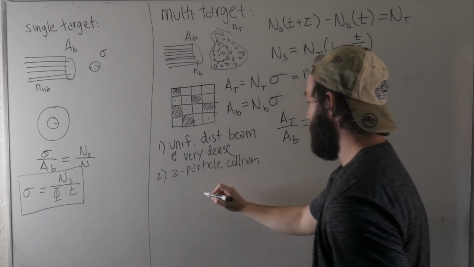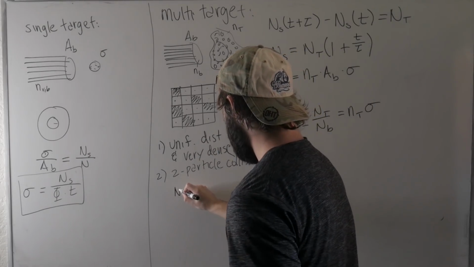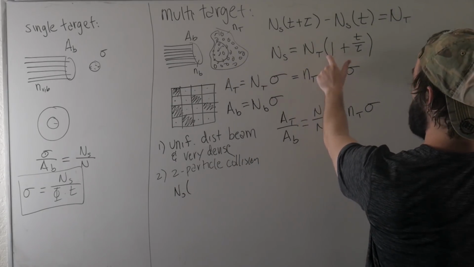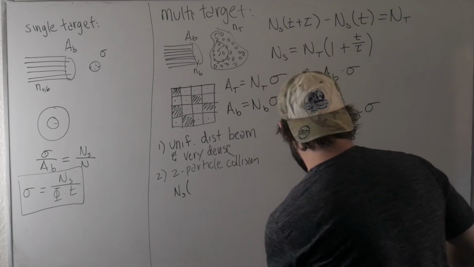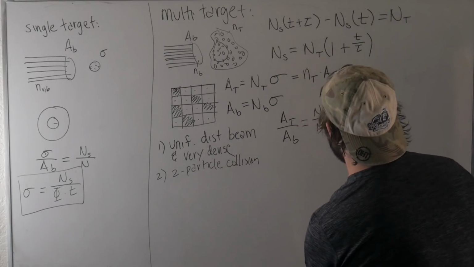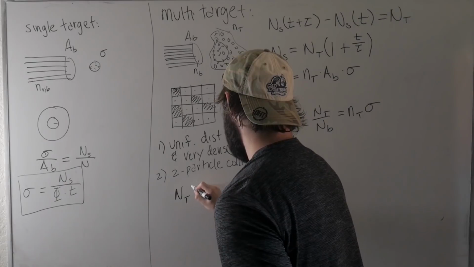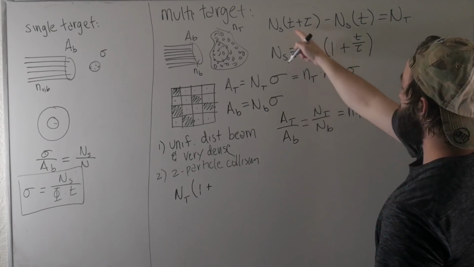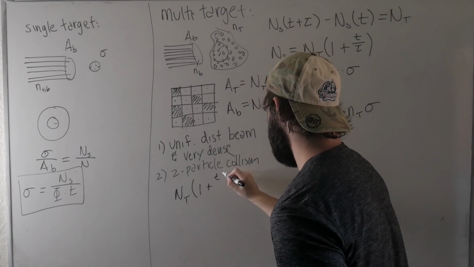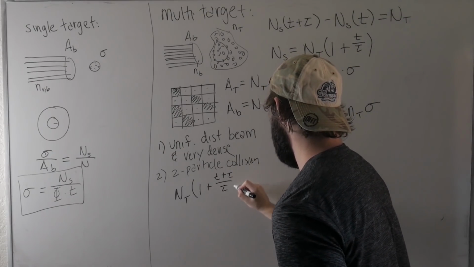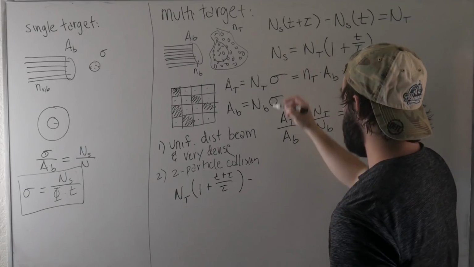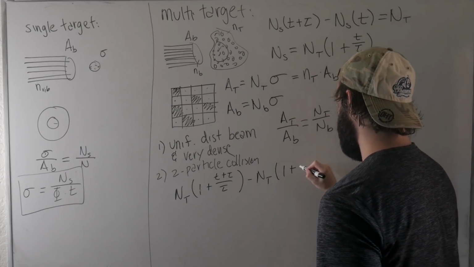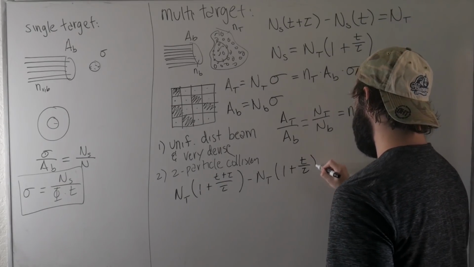So if we do n_s of t plus tau, let's go ahead and substitute that in here. So that's going to be n_t times 1 plus, t is now substituted for t plus tau over tau, minus n_s of t, which is minus n_t times 1 plus t over tau.